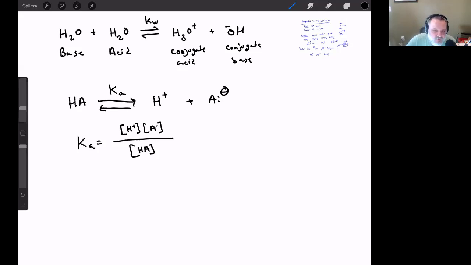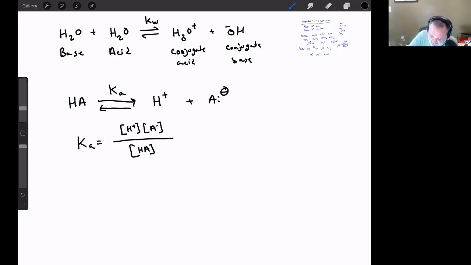The better it is at donating the proton, the larger the concentration of H plus will be, so the larger the Ka will be. Now, what does that mean as far as the values of Ka with different acid strengths? Well, there's actually quite a range of Kas.